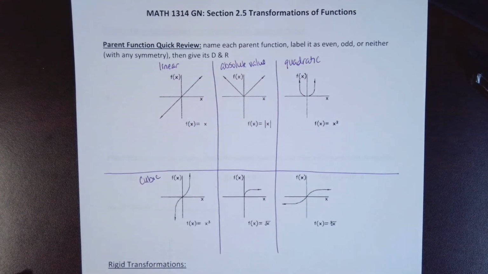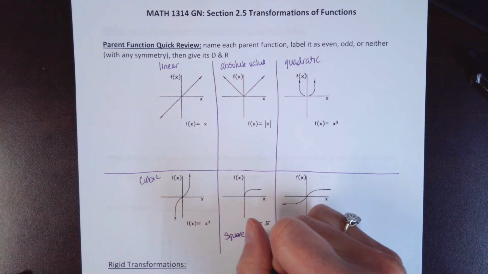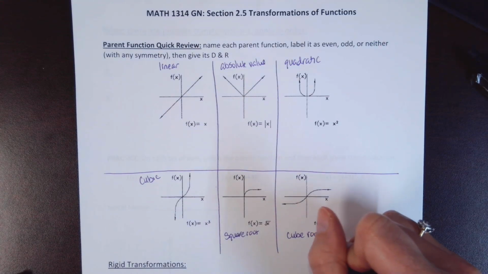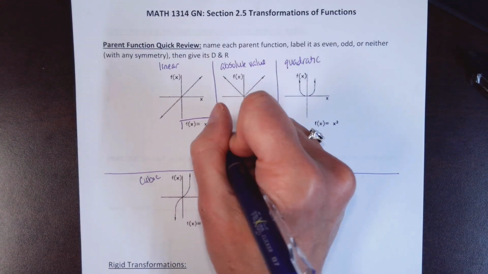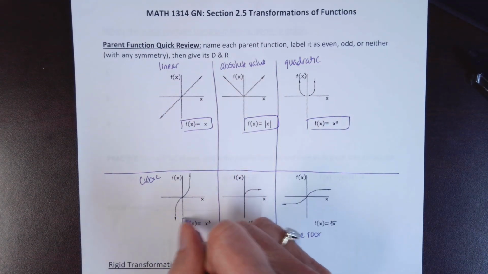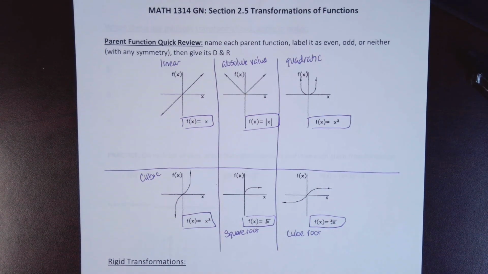Because you need to have memorized each of these shapes and know what type of function each one is. A good clue for the function is in the equation, the function itself. And then you need to be practicing matching that equation with the shape of the graph.